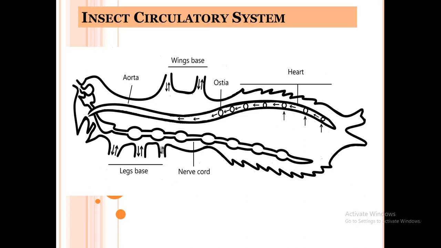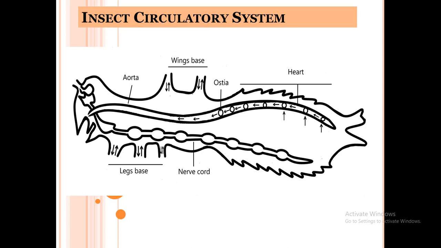Instead, insects have an open circulatory system, so called because the blood bathes the internal organs directly in the body cavity. Body cavity means hemocoel.